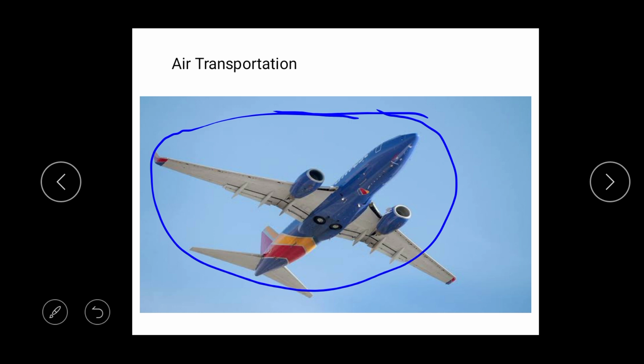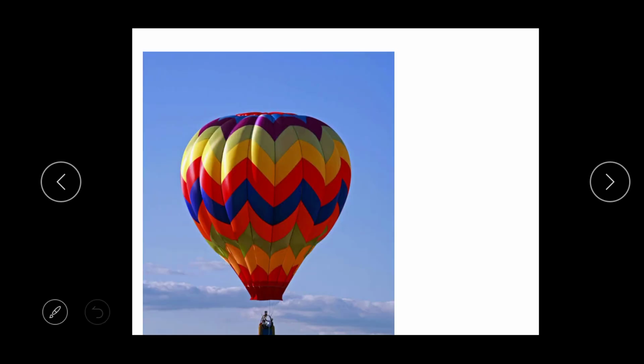All right, so let's move to another vehicle under air transportation. What is this? Hot air balloon. Yes, this is a hot air balloon. People can travel using a hot air balloon, and it can travel on the air, in the sky.